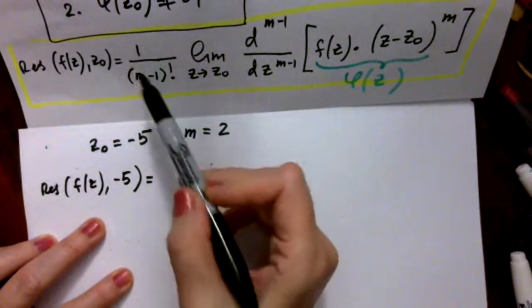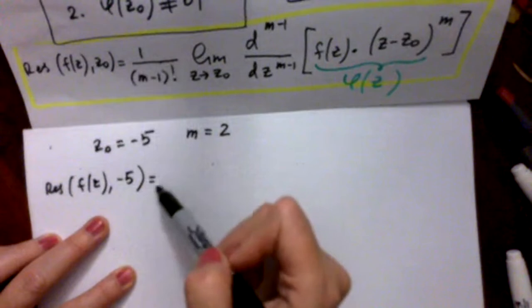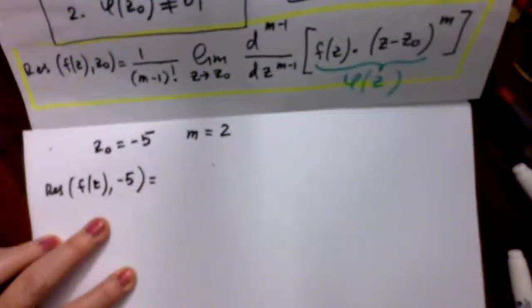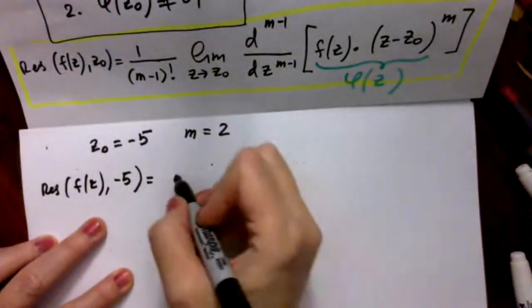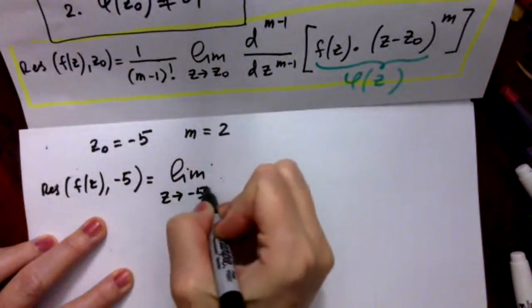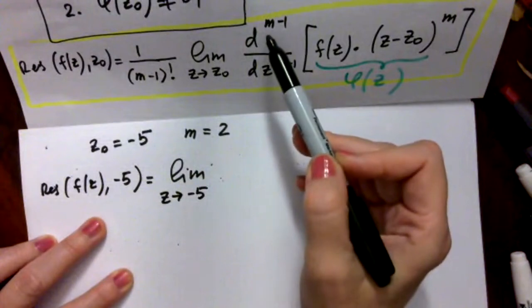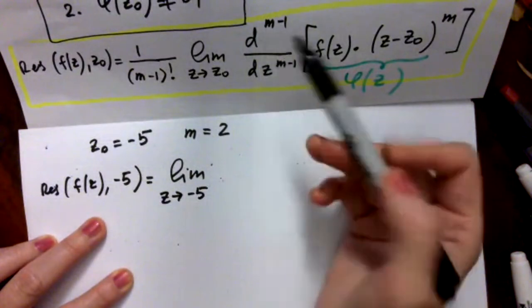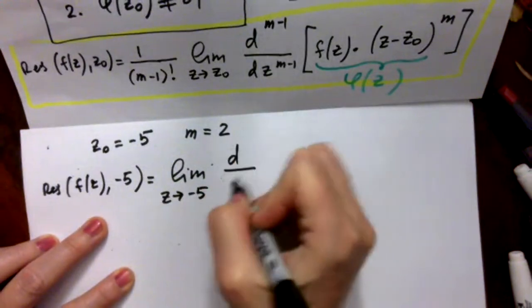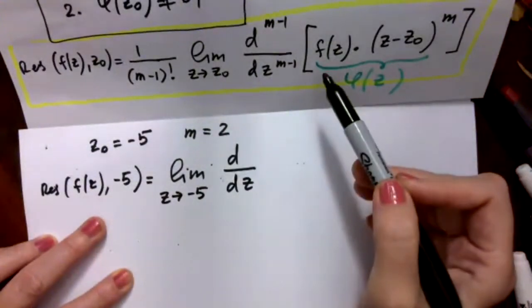This factor will be 1 because 2 minus 1 is 1, and 1 factorial is 1, so I'm not going to write it here. I'm going to write this limit: the limit when z tends to minus 5. And what is the order of our derivative? It's 1, so it's just the first derivative, d over dz. And here we need to plug in phi of z.